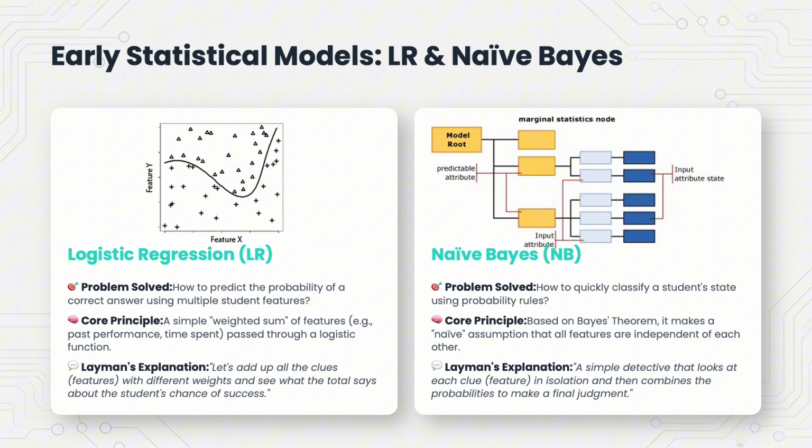The model calculates a total score and uses it to predict the probability of a correct answer. It's a workhorse of machine learning. Then there's naive Bayes. It uses Bayes' theorem from probability theory. Its naive part comes from assuming that all the features we use are independent, which simplifies the math a lot. Think of it as a detective who looks at each piece of evidence separately before making a final conclusion.